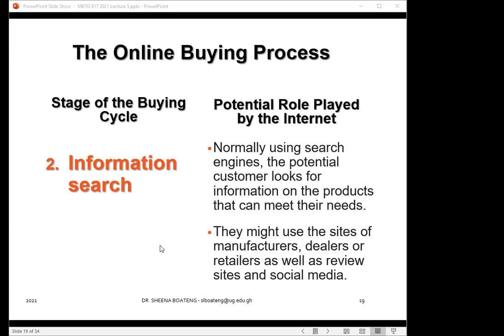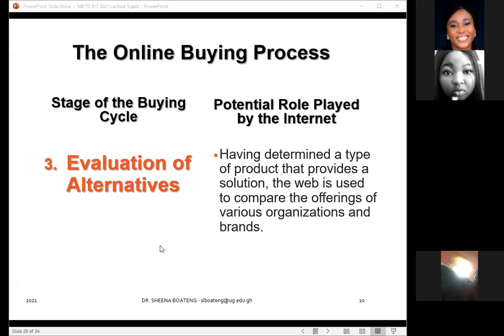Now, the next level after the information search is the evaluation of alternatives. Here we are looking at how the customer goes about determining which alternative item, being the product or service that they found during their information search, is the best one to obtain to satisfy the need that they have identified.